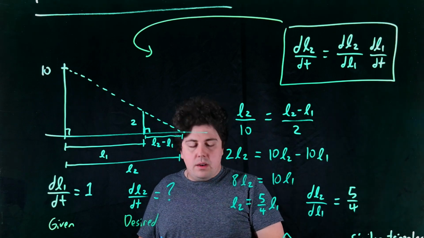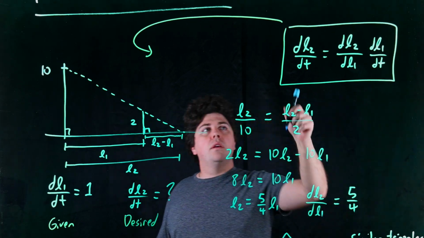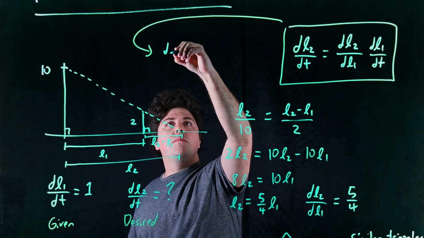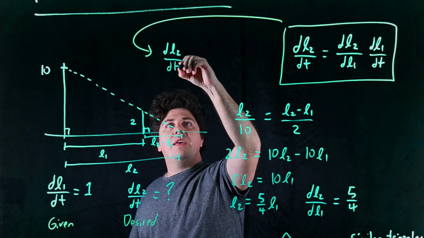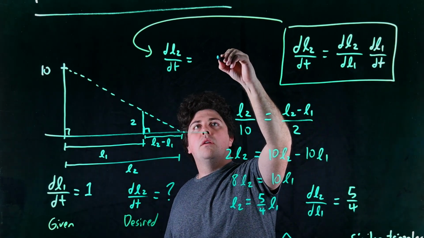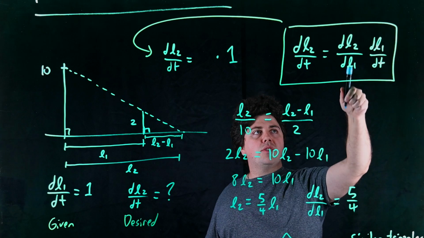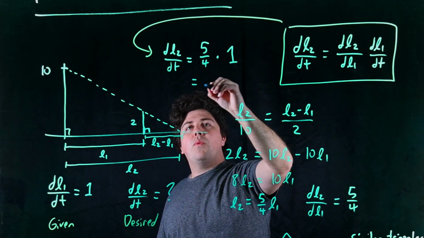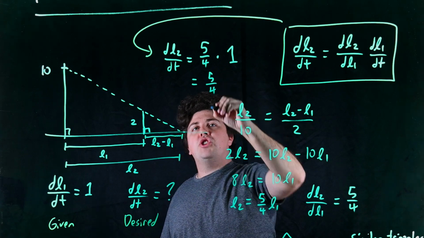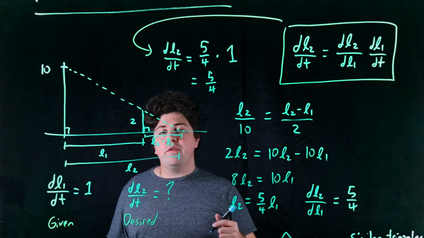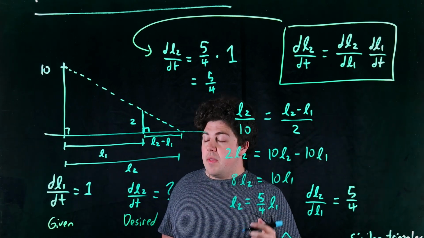Putting everything in, we get that dL2 by dt, which we don't know and we want to know, is equal to, well, this thing is 1, which we know, and this thing we just computed is 5/4. So indeed, the shadow is going to be moving at a speed of 5 over 4 meters per second. And that's how this works.